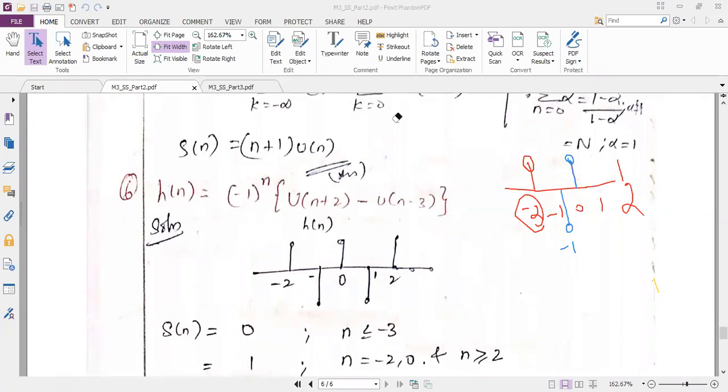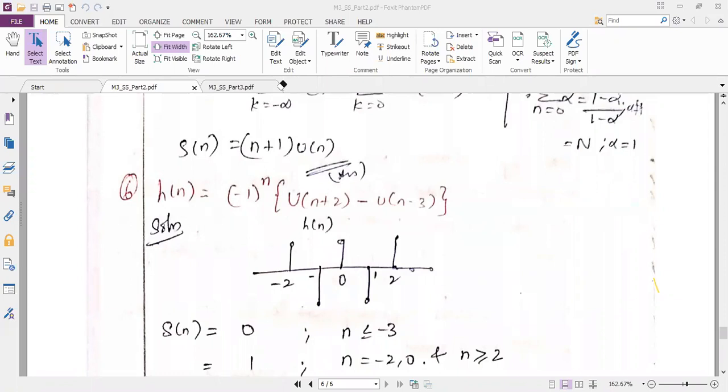Will it be amplitude plus 1 or minus 1? Minus 1, very good. What about at 2? 1. Okay, correct. So now once we complete this graph, we can go for the formula.